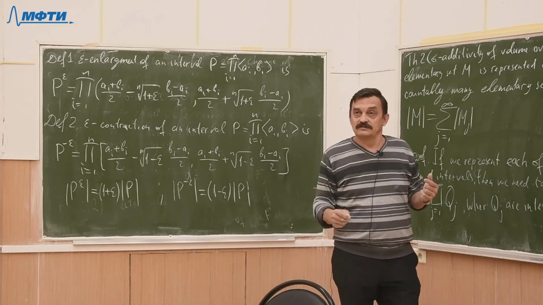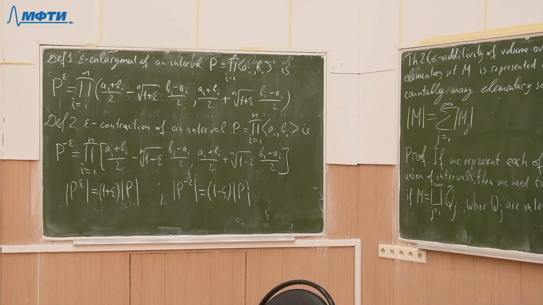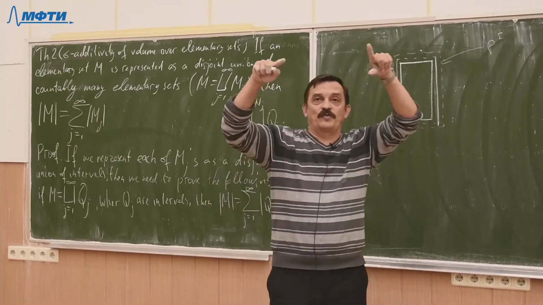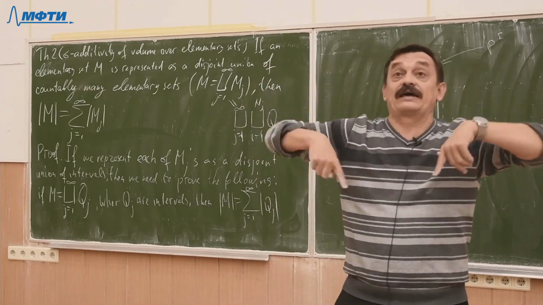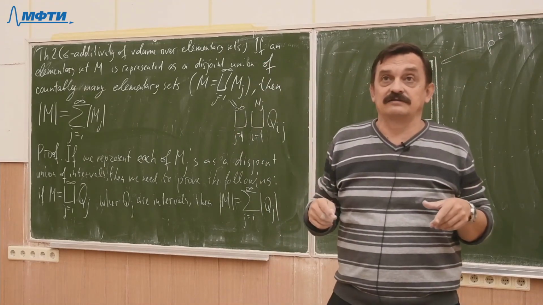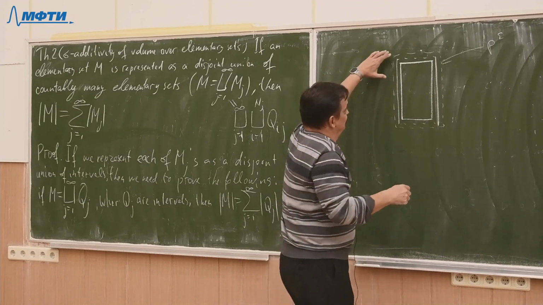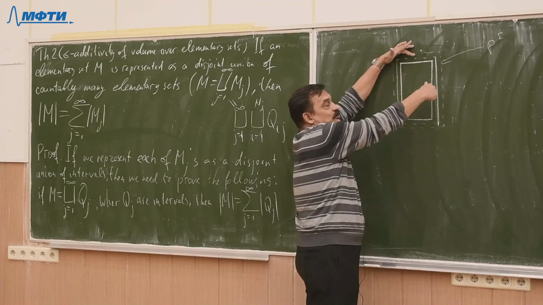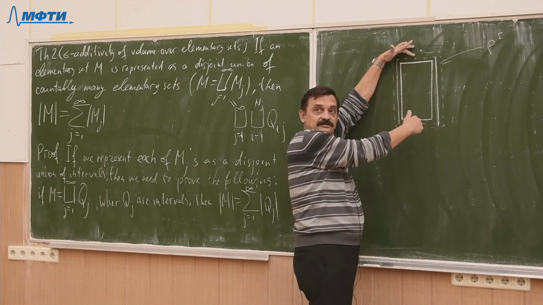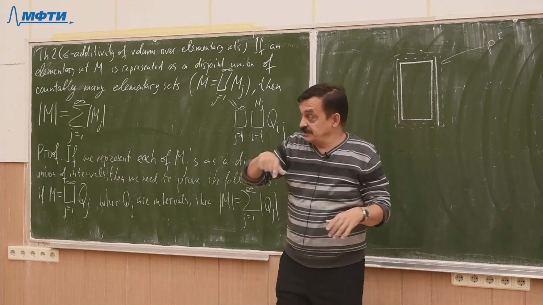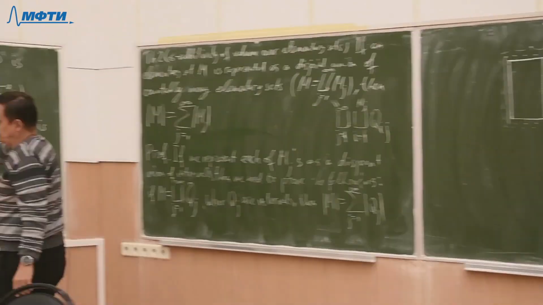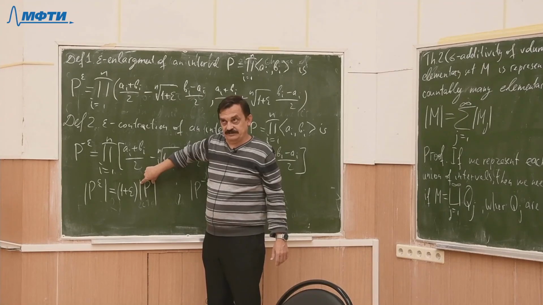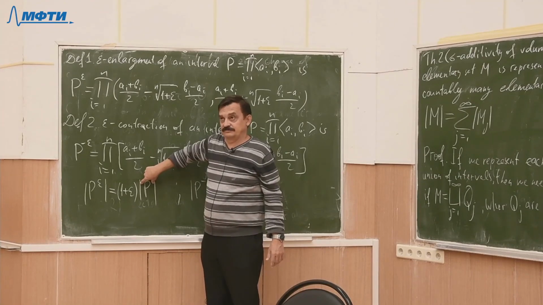So look, the epsilon enlargement is an open rectangle, or parallelepiped, which is larger than our original rectangle. It contains our original rectangle inside, and the volume is 1 plus epsilon times the volume of the original interval in Rn.